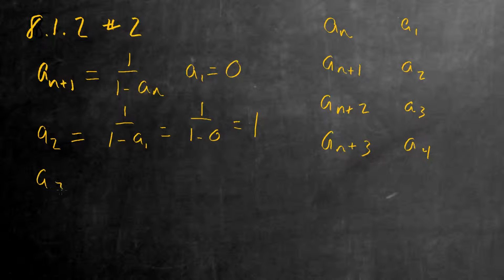So if I want to find a3, I use 1 over 1 minus a2. a2 was 1. And what happens here when we have 1 over 1 minus 1? It ends up being undefined. So not a great first example, but let's look at the next one.